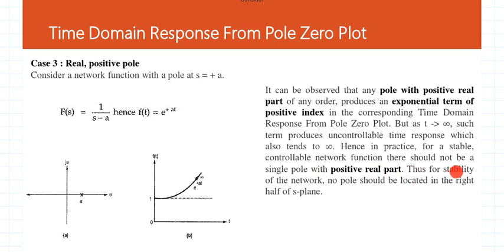Thus, for stability of the network, no pole should be located in the right half of the S-plane. If you observe any pole in the right half of the S-plane, the output is unstable in nature, wherein the magnitude of the response is tending to infinity or is not controllable.